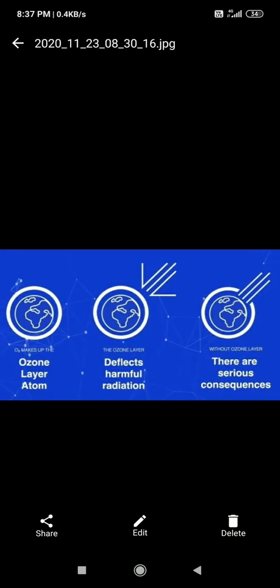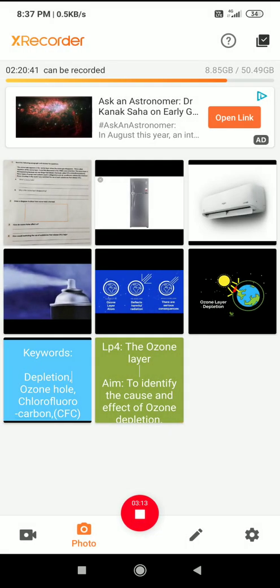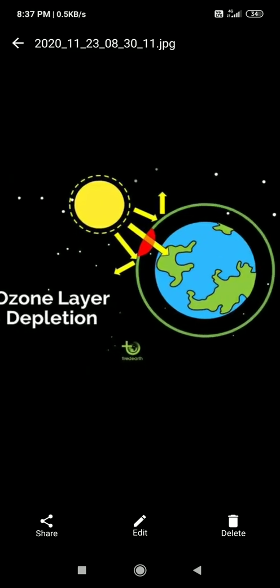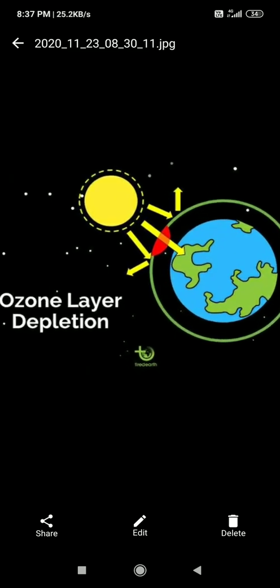What happens without the ozone layer, if the ozone layer is not there, directly the UV rays fall on the earth and it will finish the life on the earth, right or not? Yesterday we discussed that one. See here, if on any one side of the earth the ozone hole is formed. Now what is the ozone hole here?